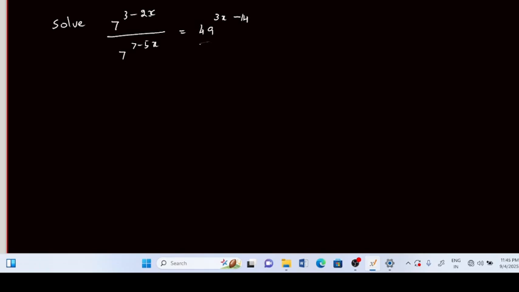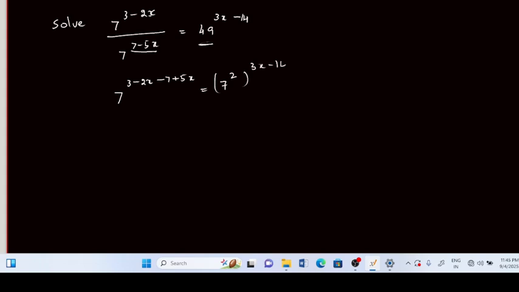This 49 we write as 7 square. On the left hand side, 7 power 3 minus 2x, and if you bring 7 minus 5x to the numerator, it becomes minus 7 plus 5x.